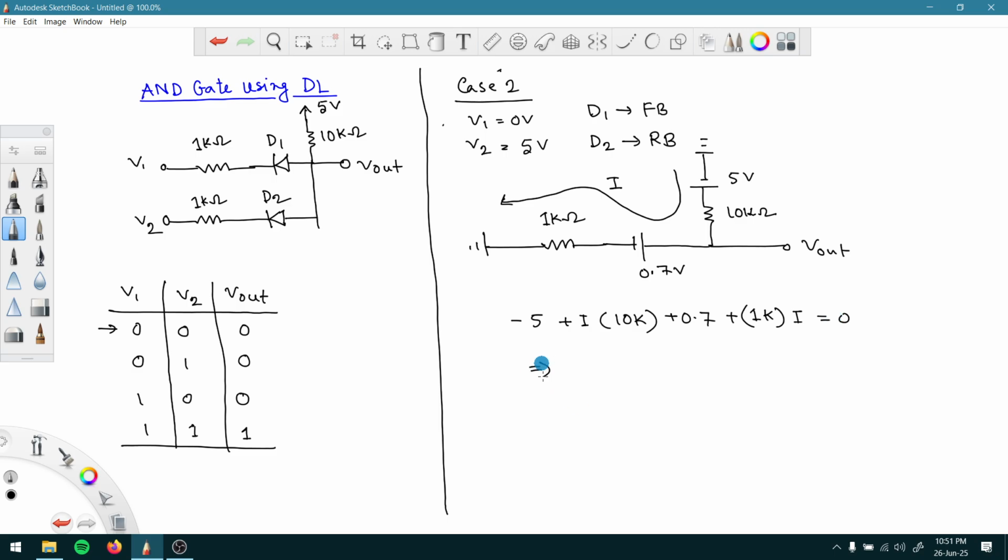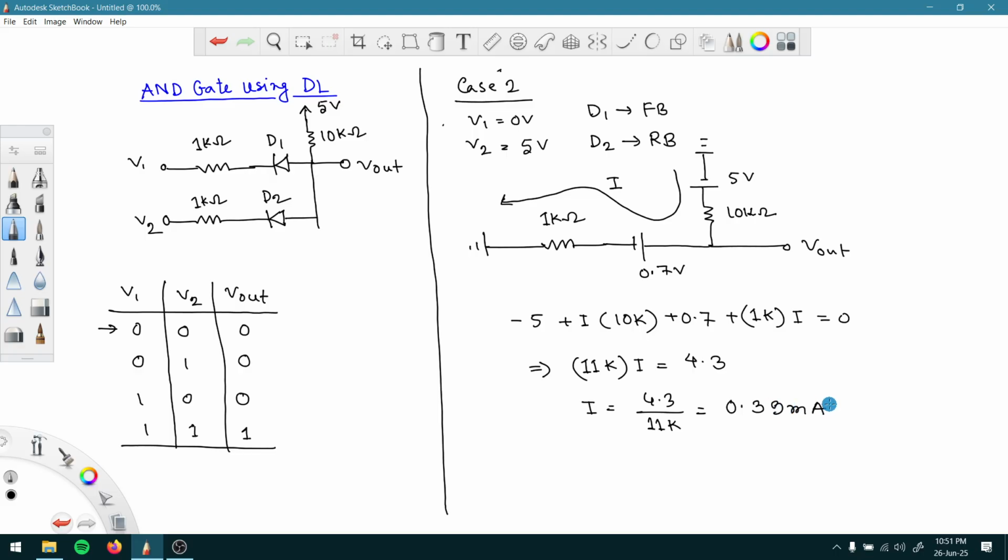So if that is the condition, what should be the value of I? Again 11k multiplied with I equals 4.3, that means I should be equal to 4.3 divided by 11k ohm, right? So the value should be 0.39 milliampere, sorry, this is the value.